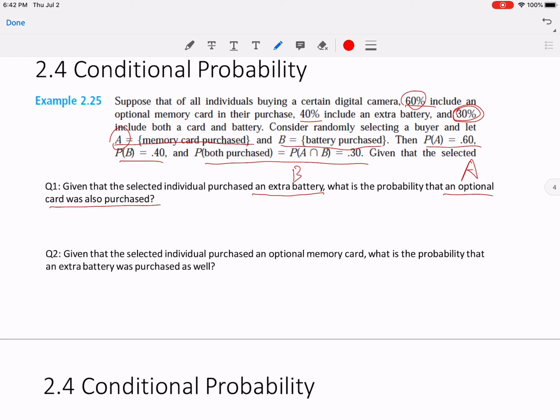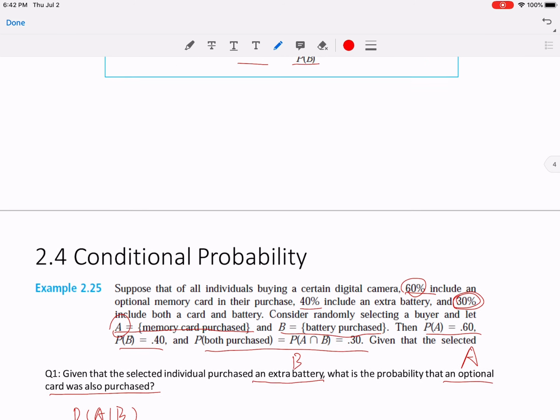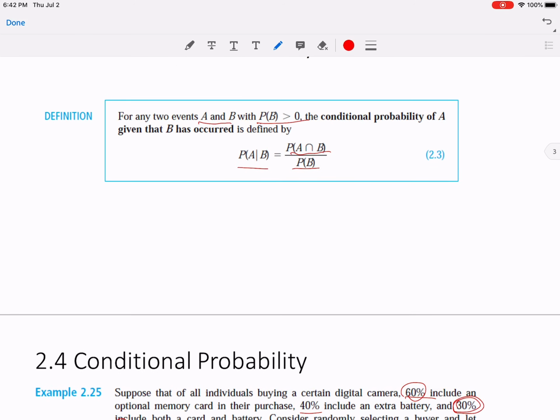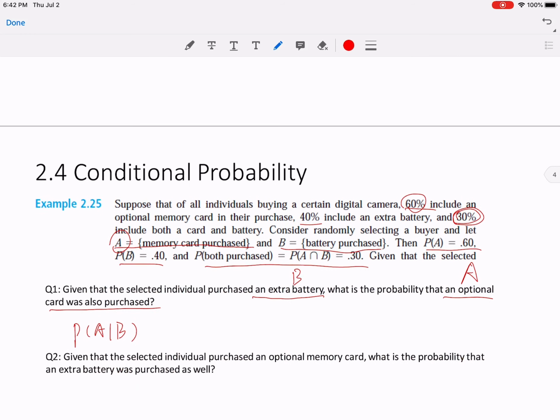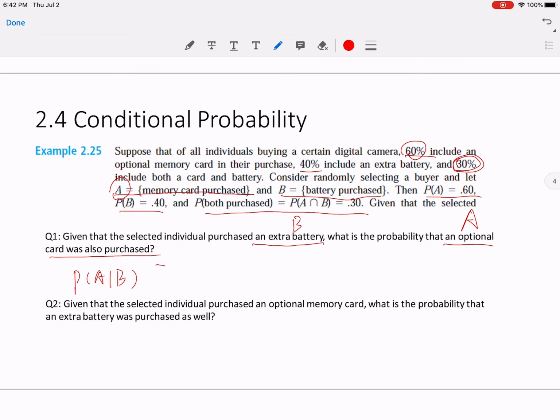So if we translate this question into a form of probability, we are looking for the probability of A given B. Now, based on the formula or the definition of a conditional probability, we have that the probability of A given B is equal to the probability of A intersection B divided by probability of B.